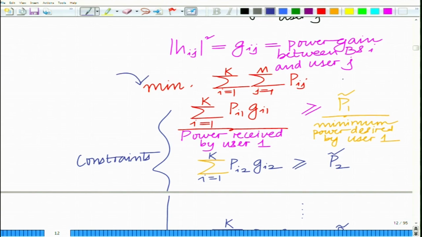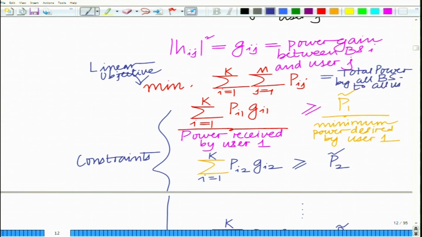Remember, it is simply the sum, so therefore, it is a linear objective, and this represents the total power transmitted by all base stations to all users. Alright, this is the total power by all base stations to all users.